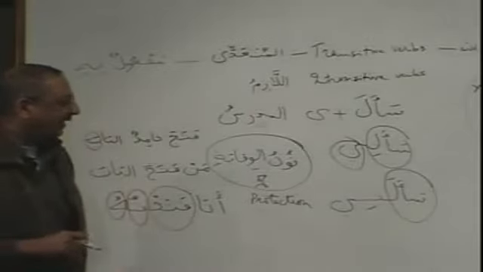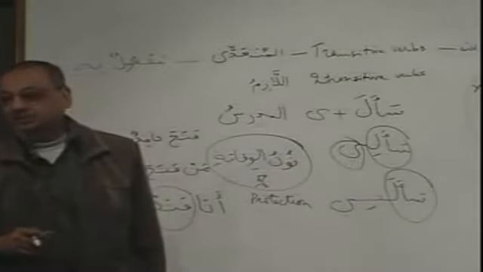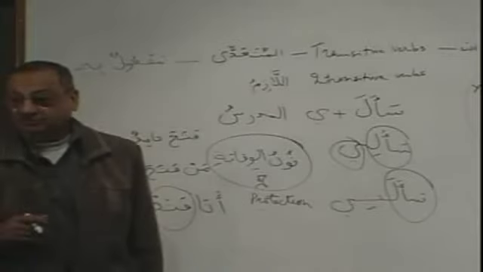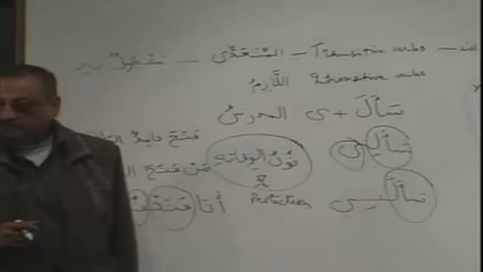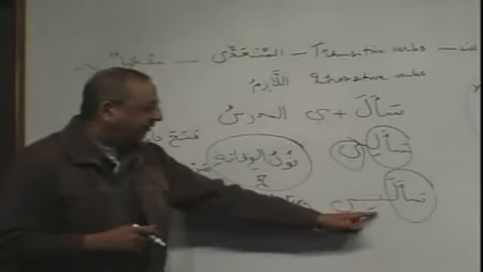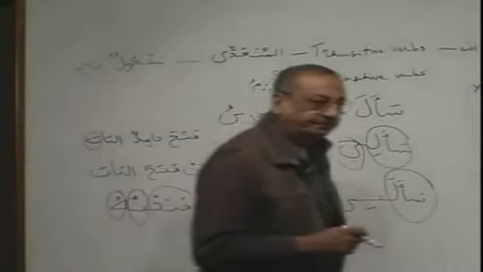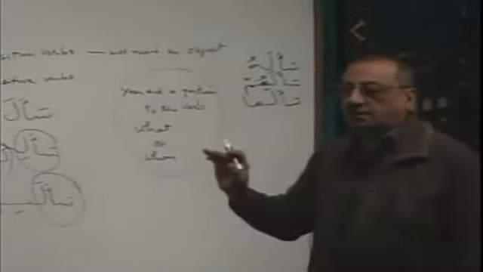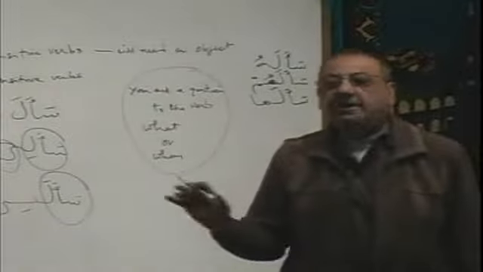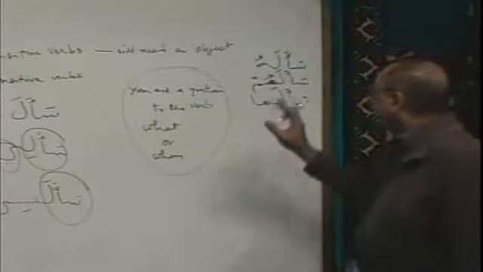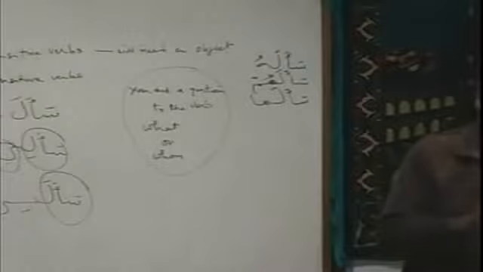Now, brothers and sisters, sa'alani al-mudarrisu. So Mudarrisu is fa'il, and this is your maf'ulun bihi. Okay? And then Noon is Noonul Wiqaya. Now I tell you, brothers and sisters, that here we have sa'alahu. If I put al-Mudarrisu, then Mudarrisu becomes the fa'il. But if I don't put Mudarris and just write down sa'alahu, how will you translate?